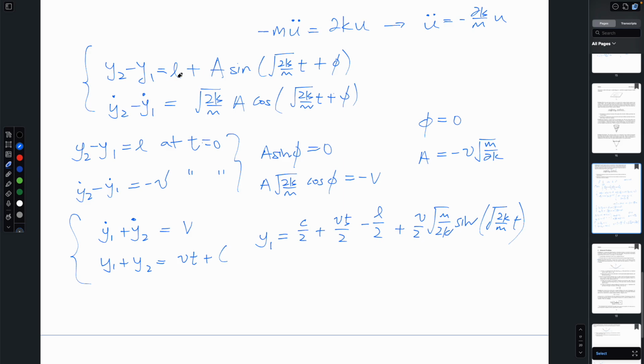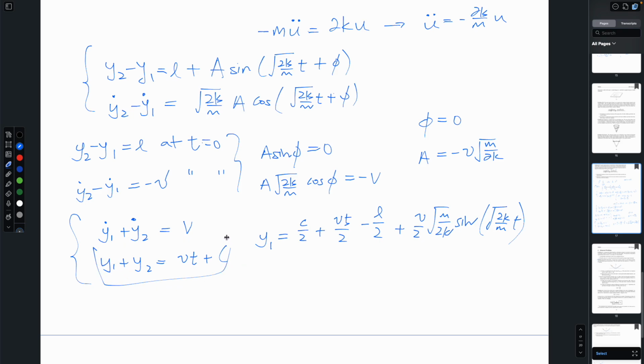As in, we know that y2 dot minus y1 dot has to be equal to this thing, correct? And we also know that y2 dot plus y1 dot is equal to v. So this is a simultaneous equation for the dots, right? And then we integrate this expression to get y1 plus y2 equals vt plus c.